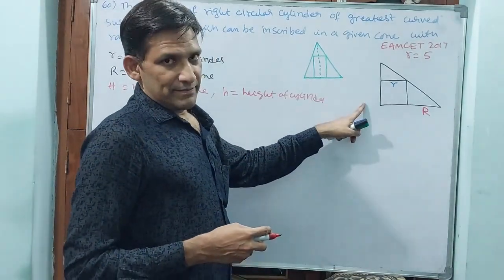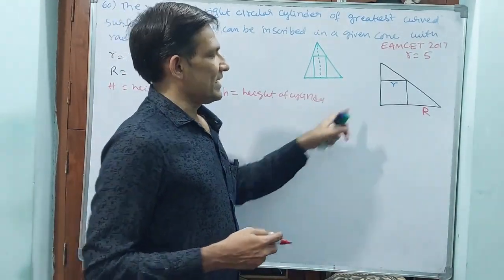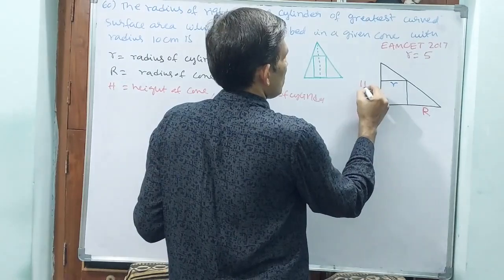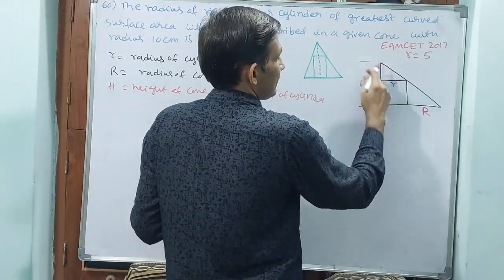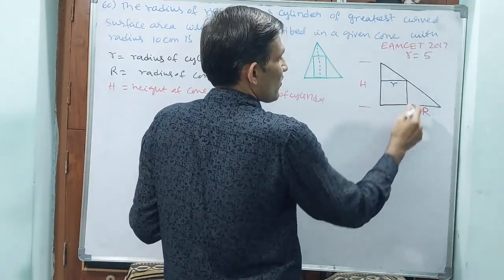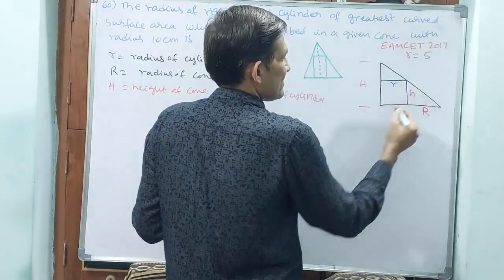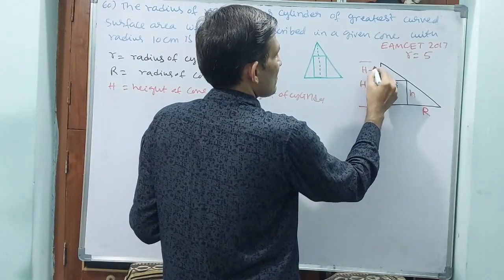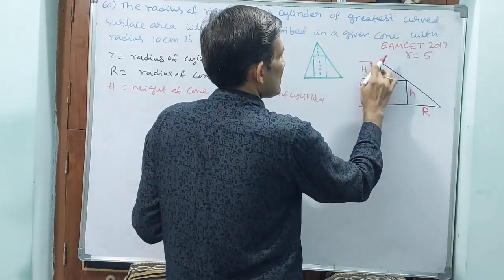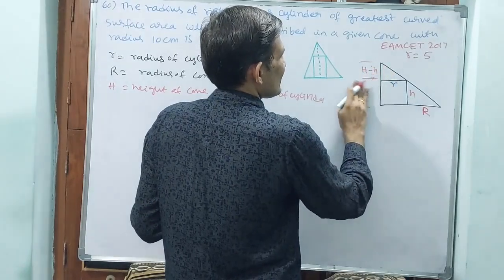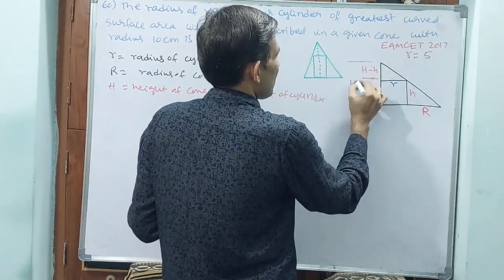Total is H. Capital H also we have to write. But what about this? Capital H minus small h. This is small h. H minus h. This one. And total is capital H.